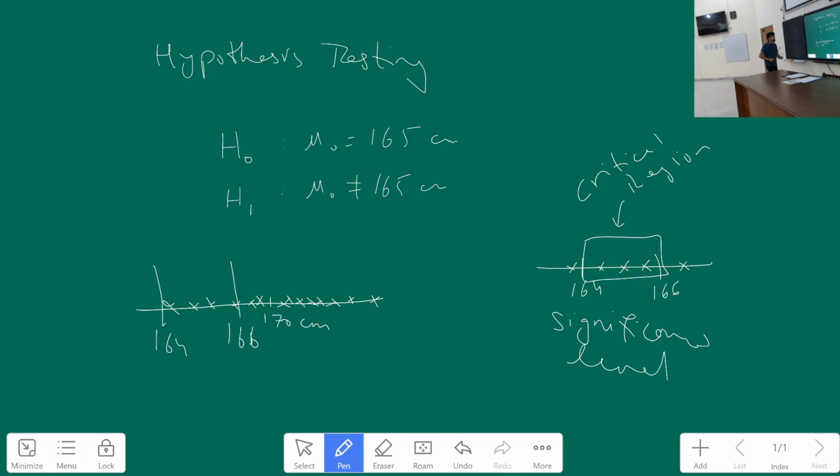Then we said, how many should fall inside for me to finally conclude that I was right? There you have to define a significance level. If you want to say that if 90% of them fall in this region, then I was right, then you're saying with 90% surety I was right. So you can increase or decrease that.